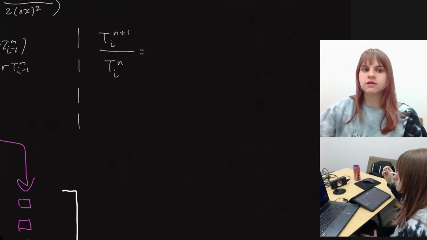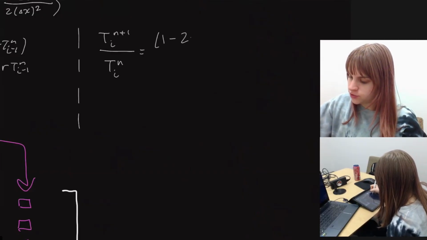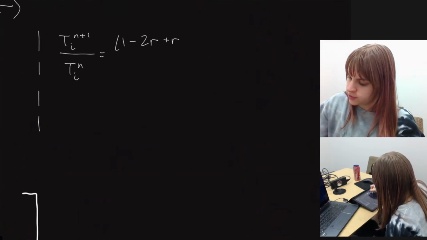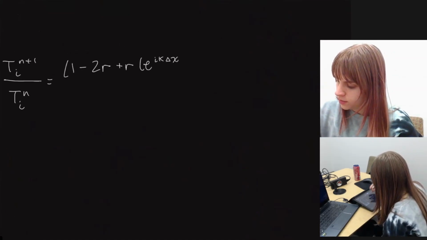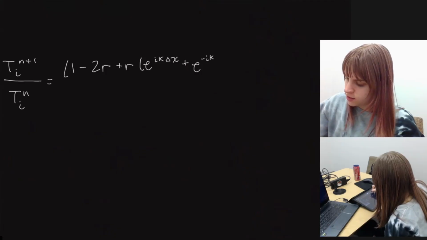And this is going to be equal to 1 minus 2r plus r times e to the i, don't forget the k, delta x, and then the other side, e to the negative i k delta x.